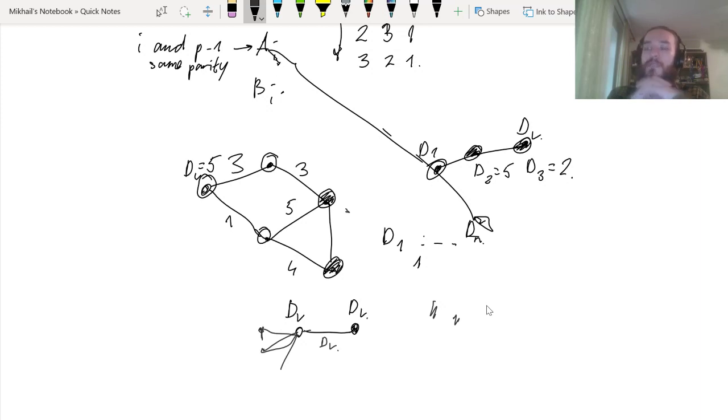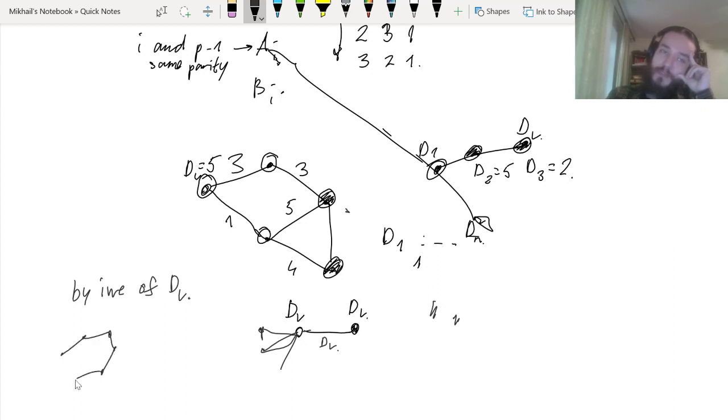So similar to this construction, we kind of want to go by increasing order of dv. So in the graph, we would first consider the smallest one, and then they have an adjacent counterpart, sort of. So we can call those, and we can put some numbers here. Right, so now what?